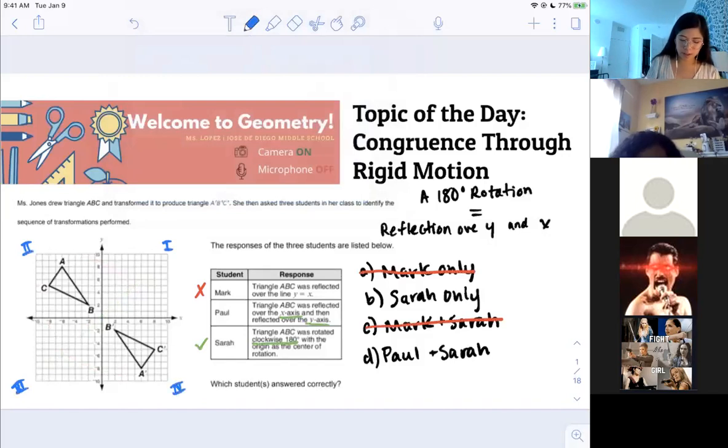So when I reflect it over the x-axis, again, I'm just using my eyes, but it'll be something like this, right? Which one's at the bottom? Which letter? A. Good. A prime, C prime, and B prime. So that's my first reflection.